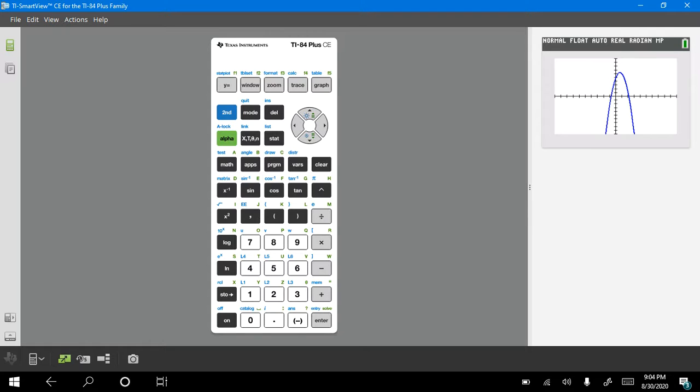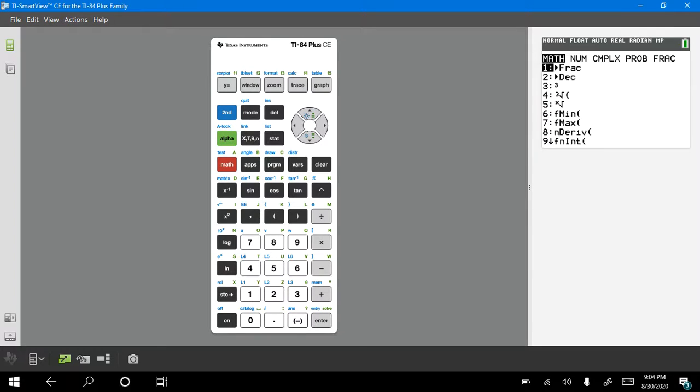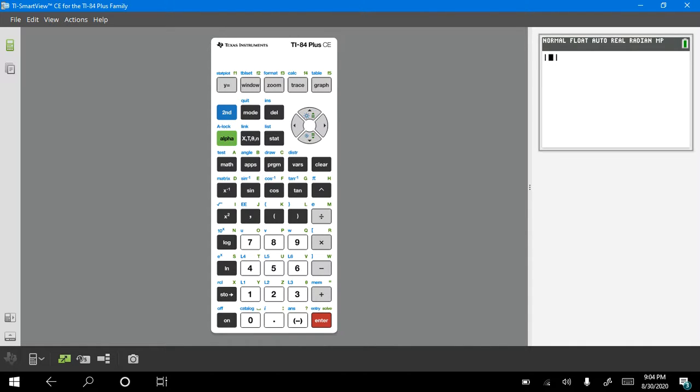The way we get there is we hit math, and then notice this comes up, and I arrow over once, and there ABS is absolute value. I can just highlight it and hit enter, and notice it puts the 2 lines there. And if I do -4 and hit enter, notice it gives me 4.